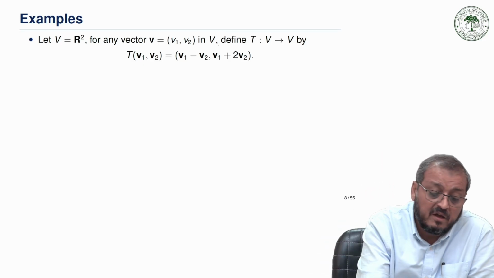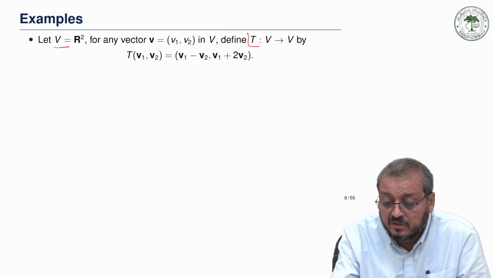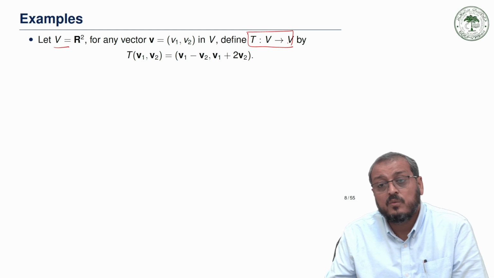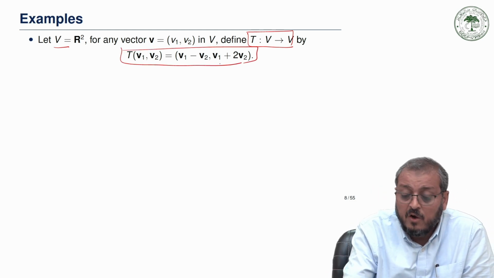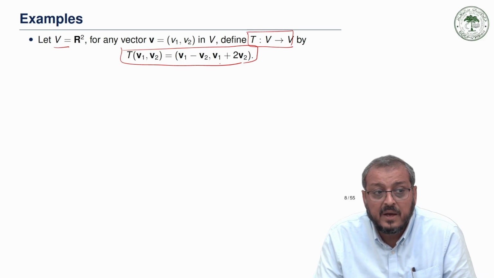We take V equal to R2, and a map from V to V, a linear operator, defined in this form. Now we check whether this is a linear map or not.